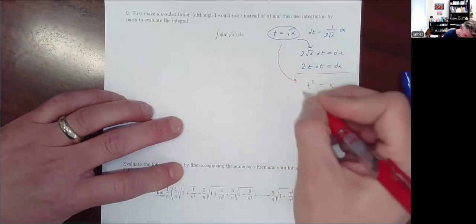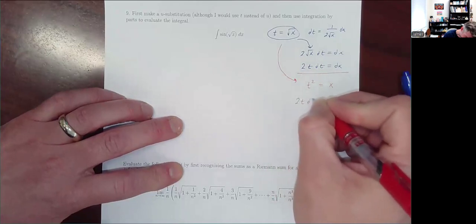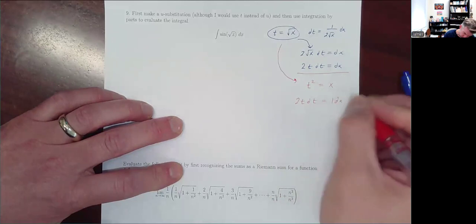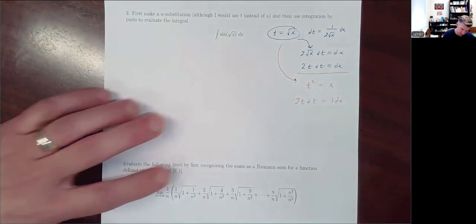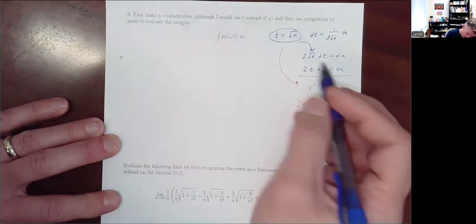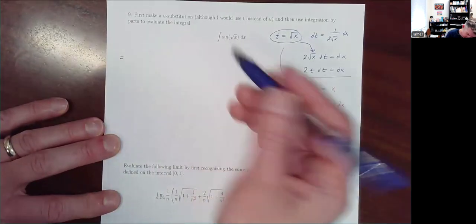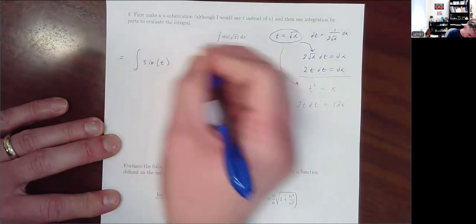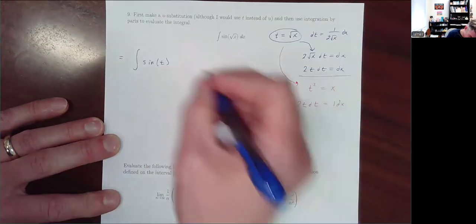And if we take the derivative of that, it's 2t times dt, and it's equal to 1 times dx. Same thing. So then we're going to rewrite this integral as, so sine of root x is going to be sine of t, and then dx is going to be 2 times t times dt.